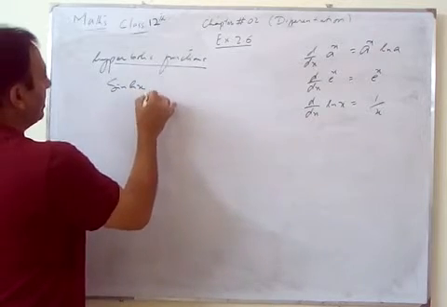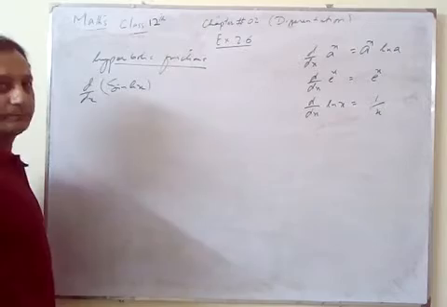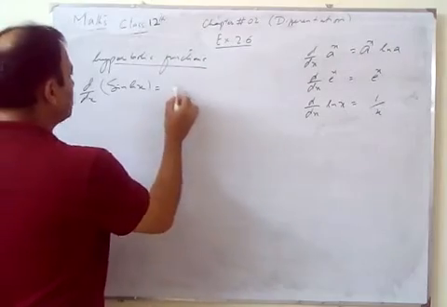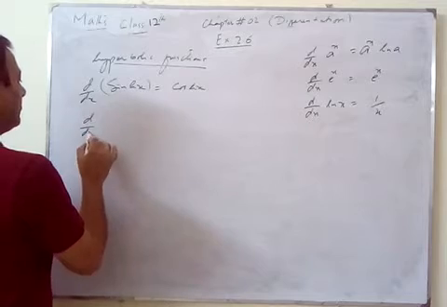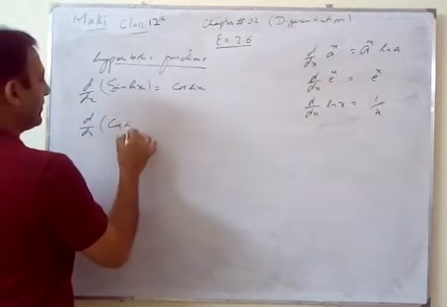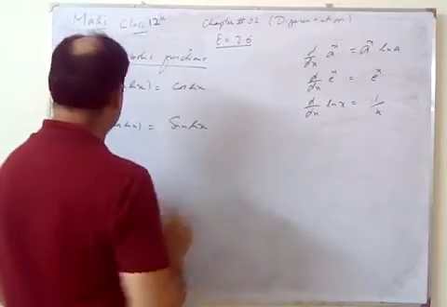The derivative of sine hyperbolic x is equal to cos hyperbolic x, and the derivative of cos hyperbolic x is sine hyperbolic x.